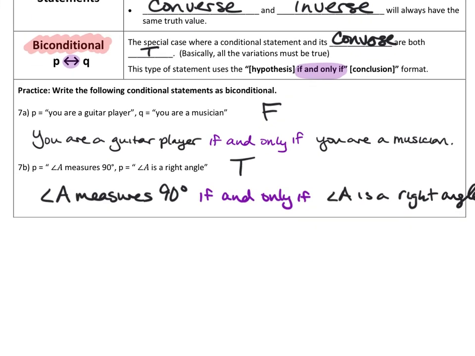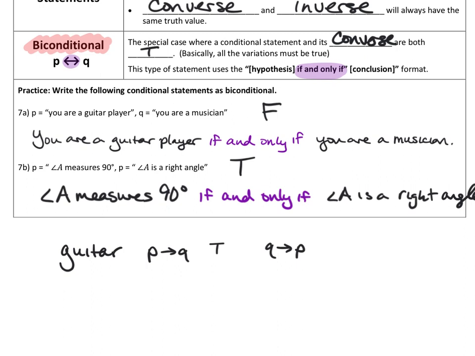For that guitar statement, we started off with P then Q being true. When we did Q then P for the guitar statement, you might have to flip your paper over. Did we say that was true or false? So that was the converse. Did we say that was true or false?